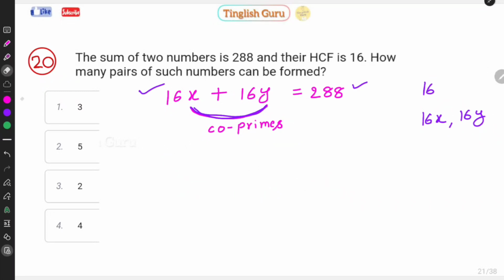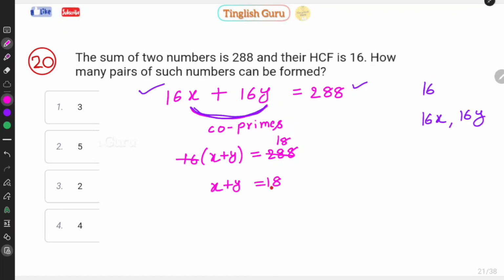so take 16 as common, we will get 16 into x plus y is equal to 288, and cancel it with 16, 16 ones 16, and we will get 16 eighteens. So x plus y will be 18.